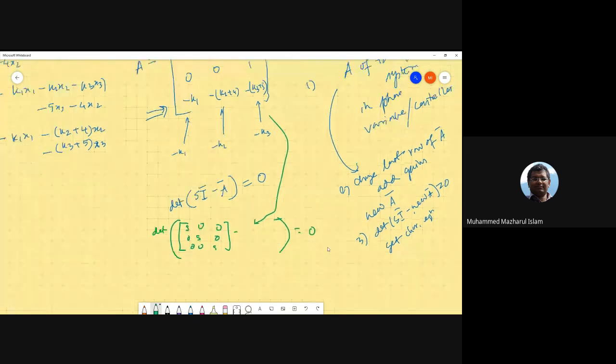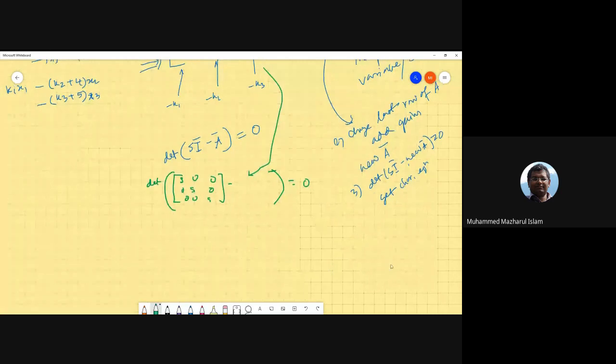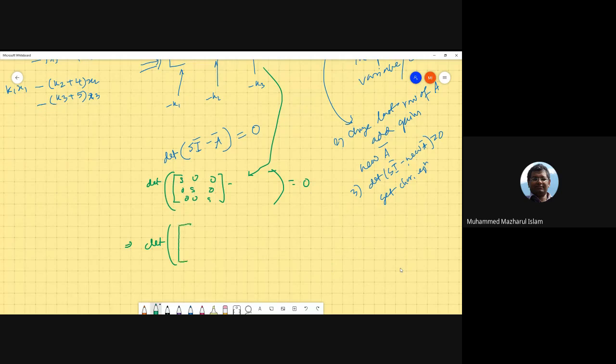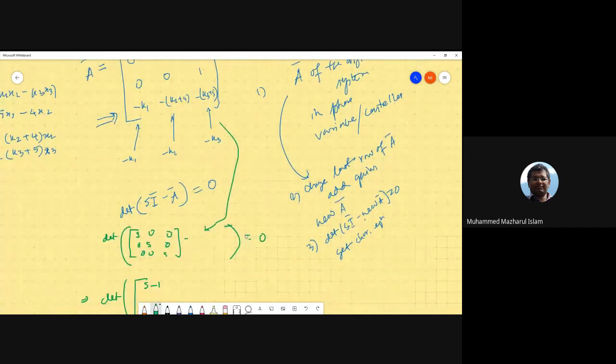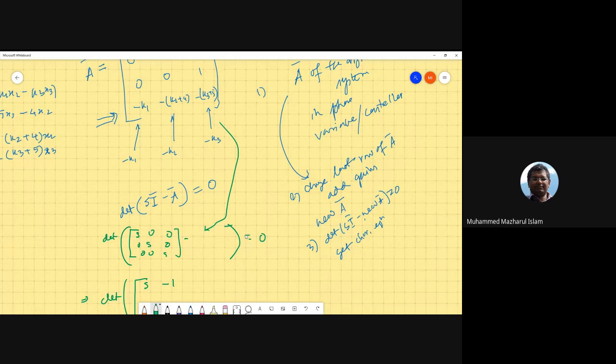So what do you get? You get the determinant of s minus 0 is s, the first element. The second element is minus 1. This is 0.